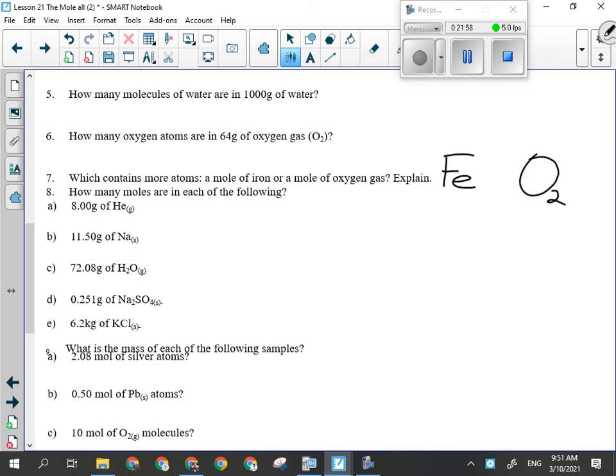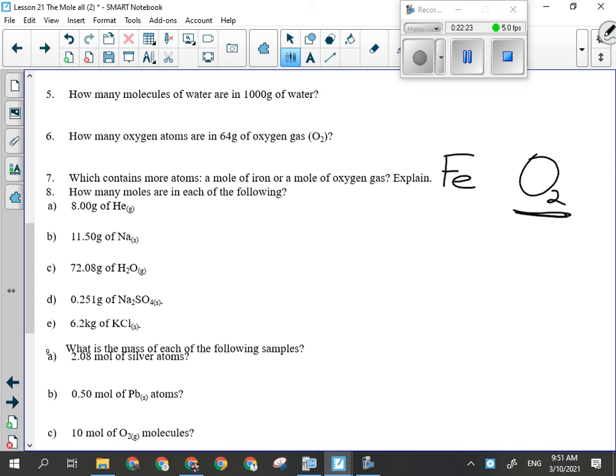Which has more atoms, a mole of iron or a mole of oxygen? A mole of oxygen has more atoms, twice as many atoms. There are still 6.02 times 10 to the 23 molecules of oxygen in one mole, but each one of those molecules contains 2 atoms.